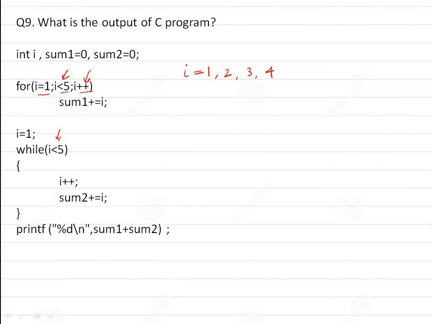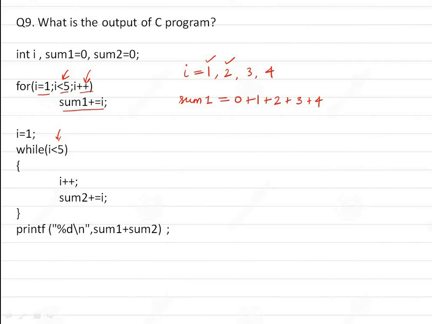Okay, and in each iteration of this loop, sum1, which is initially 0, we are simply adding the value of i. So in the first iteration we will add 1 to it, in the second iteration we will add 2, third iteration we will add 3, and the fourth iteration we will add 4. So the value of i is added to sum1.